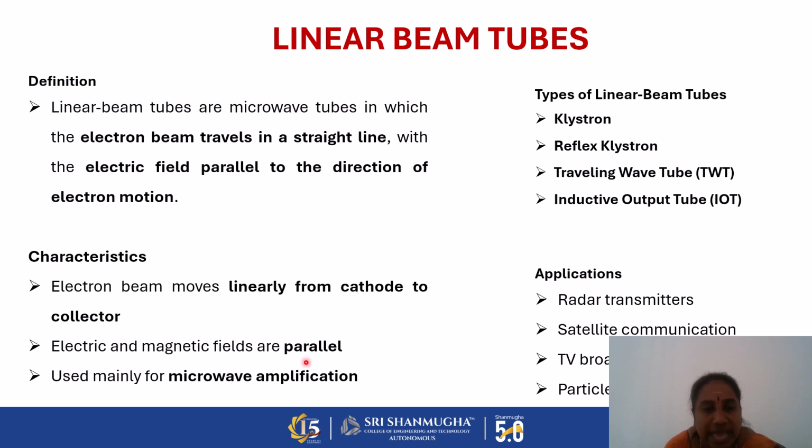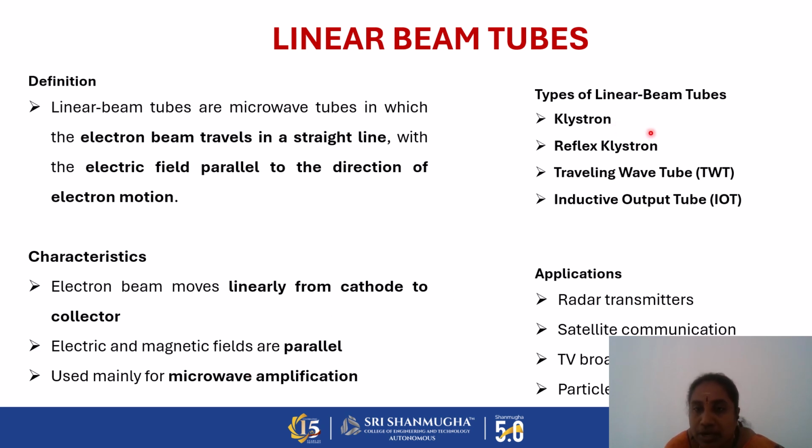The main characteristic is that the electron moves linearly from cathode to anode, that is, cathode to collector terminal. Here the electric and magnetic fields are always parallel, and they are mainly used in the microwave amplification process. Mostly we use the reflex klystron oscillator. Mainly we use the linear beam types of tubes in the microwave system.